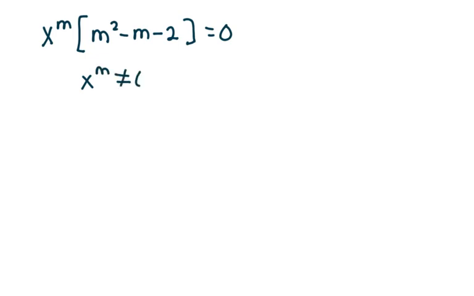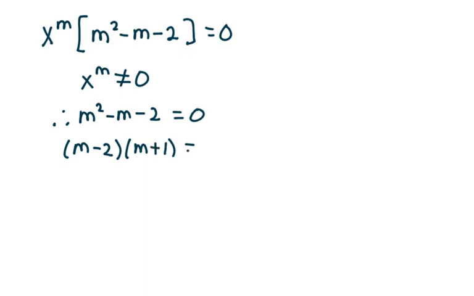When I factor out an x to the m, I get x to the m times m squared minus m minus 2 equals 0. But x to the m does not equal 0. So therefore, m squared minus m minus 2 equals 0. When I factor, I get m minus 2 times m plus 1 equals 0. Solving for m, I get m equals 2 or m equals negative 1.